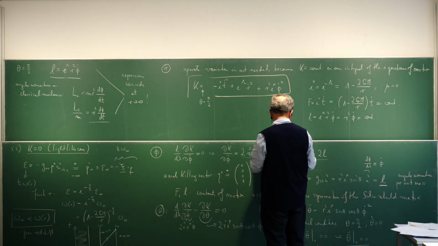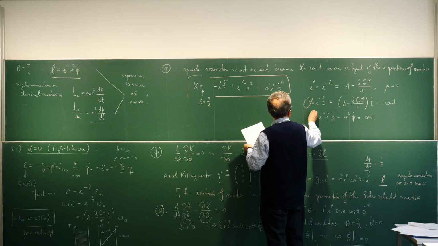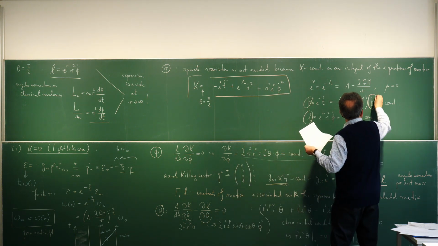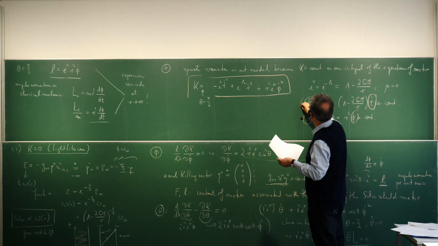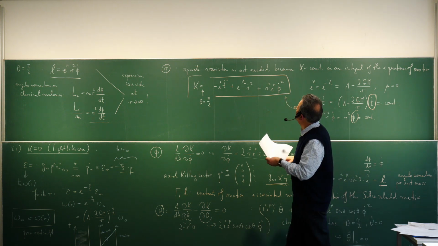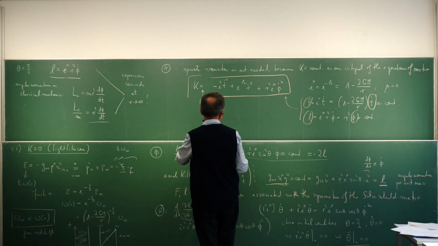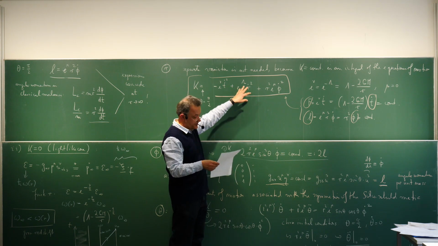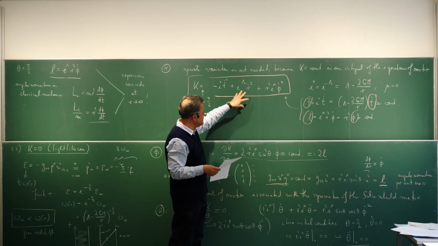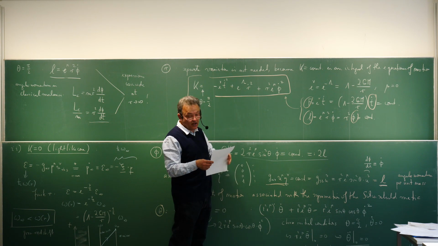So we insert this here, and this gives us an equation that says r dot squared over 2, we can write in that way, plus some other terms is constant.